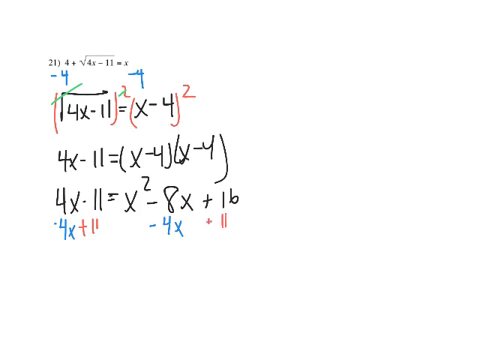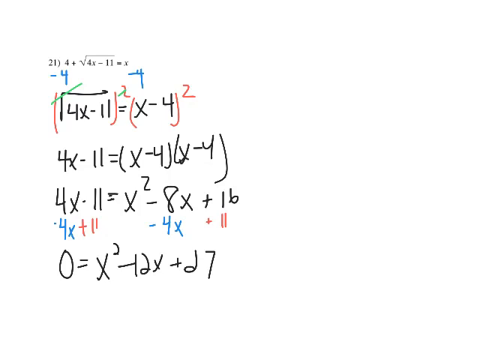Okay, so I now have 0 equals x squared minus 12x plus 27. Whoops, I don't know why I wrote a 29. 27, okay? So I need two numbers that when I multiply them I get 27, and when I add them I get negative 12. This is positive, this is negative. So my two numbers in question are going to be negative, because negative times negative is a positive, all right?